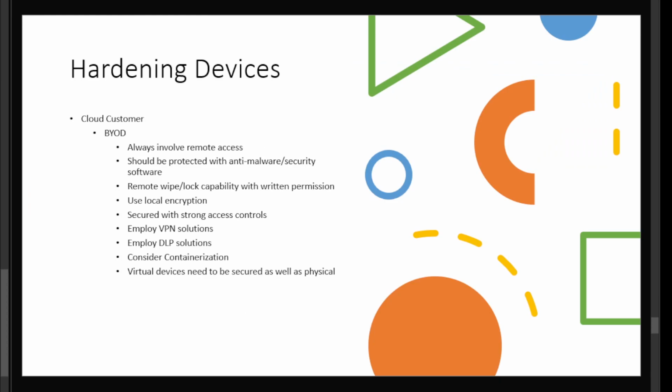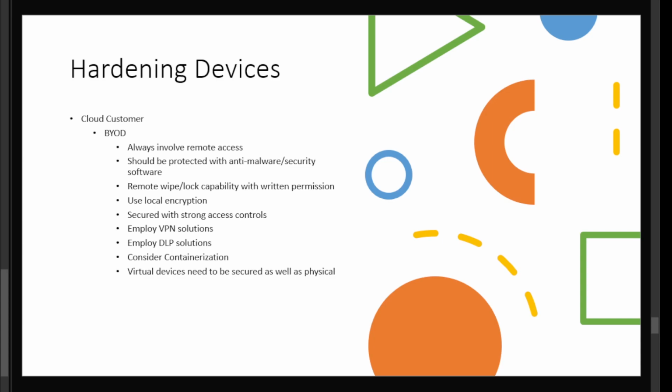So as far as the cloud customer, the cloud customer should ensure that all assets in their BYOD infrastructure that access the cloud should be protected with some form of anti-malware security software. The problem is that all these devices involve remote access.